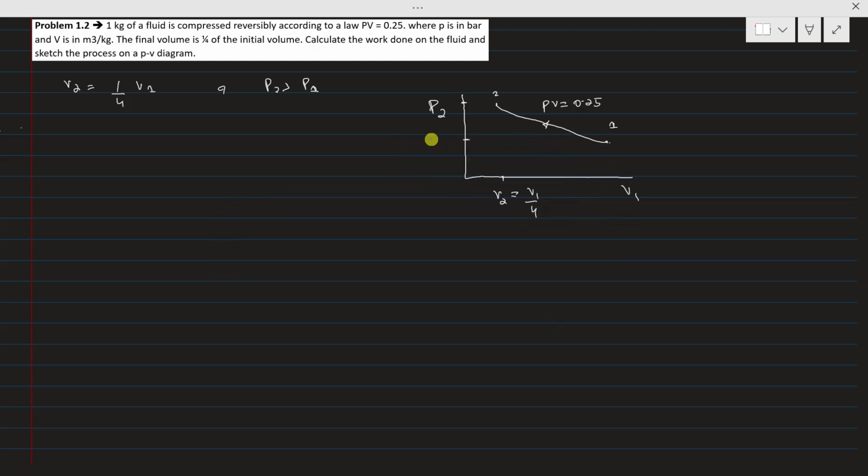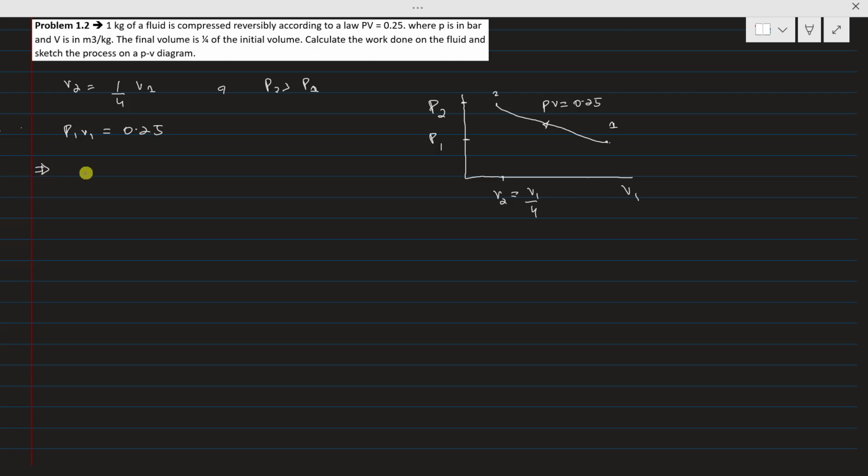You can see from this graph that the pressure P2 is higher than P1 because compression has taken place. So work is done on the fluid. So we can say that P1 V1 is equal to 0.25, and that is given.